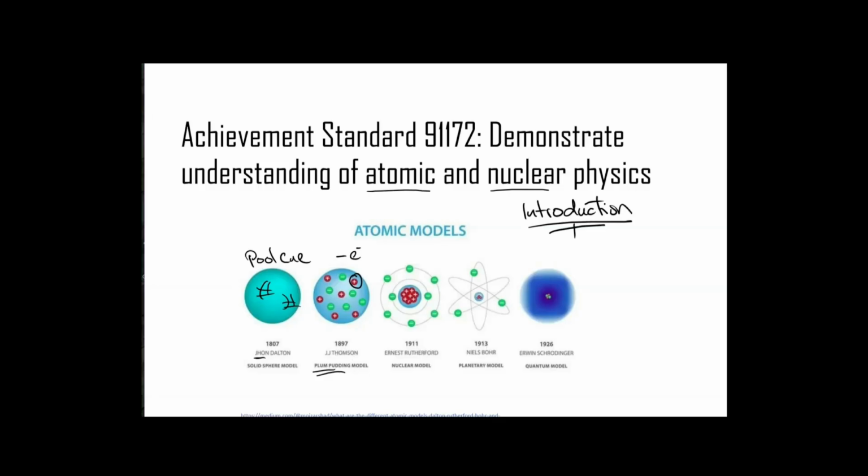He imagined the atom to be this kind of blob with these things either stuck in it or floating around, he wasn't quite sure, but he knew that there were protons and electrons in there. He didn't know how they were configured or how they worked.